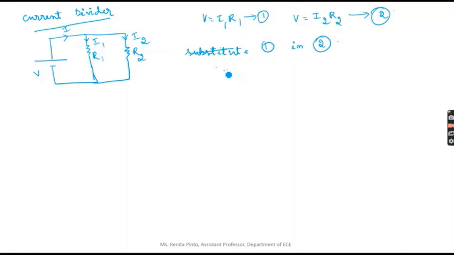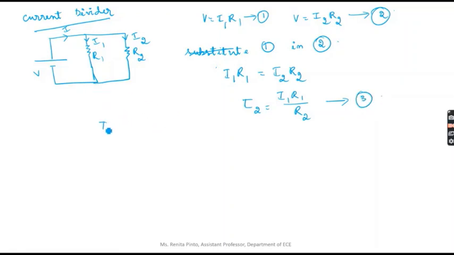That is V is equal to I1 R1, V equal to I2 R2. Comparing, I1 R1 equal to I2 R2, correct? Next, what is I2 from this? I2 will be equal to I1 R1 divided by R2. Let me take this as equation 3.